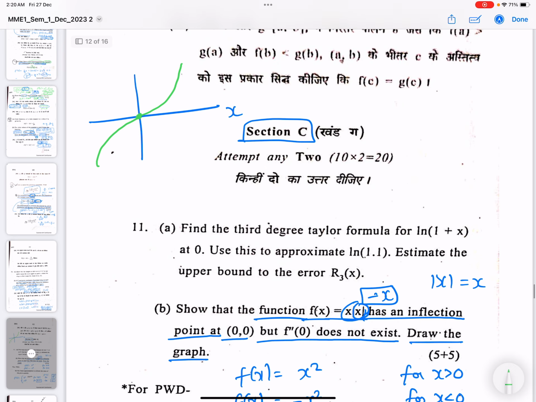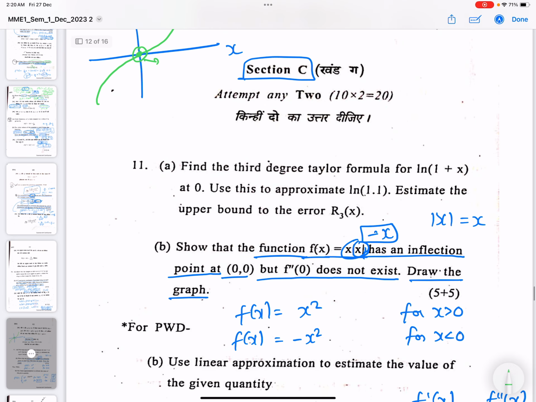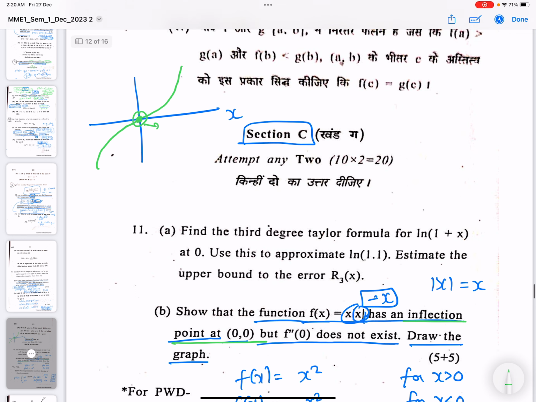So there is an inflection point at (0, 0), because the sign is getting changed. And you can use the intermediate value theorem as well. Below this point, f double dash c is less than 0. After this point, f double dash c is greater than 0. So at this point, f double dash c should be equal to 0.